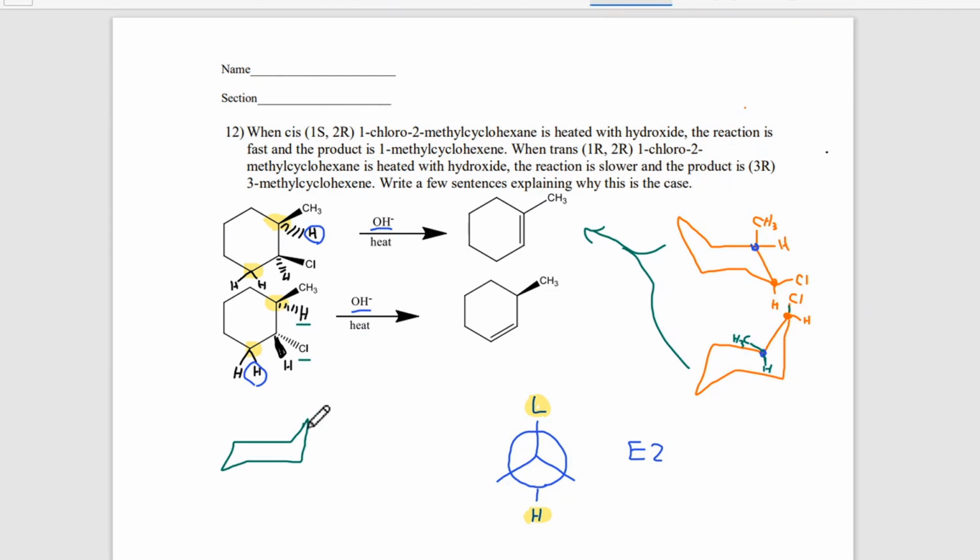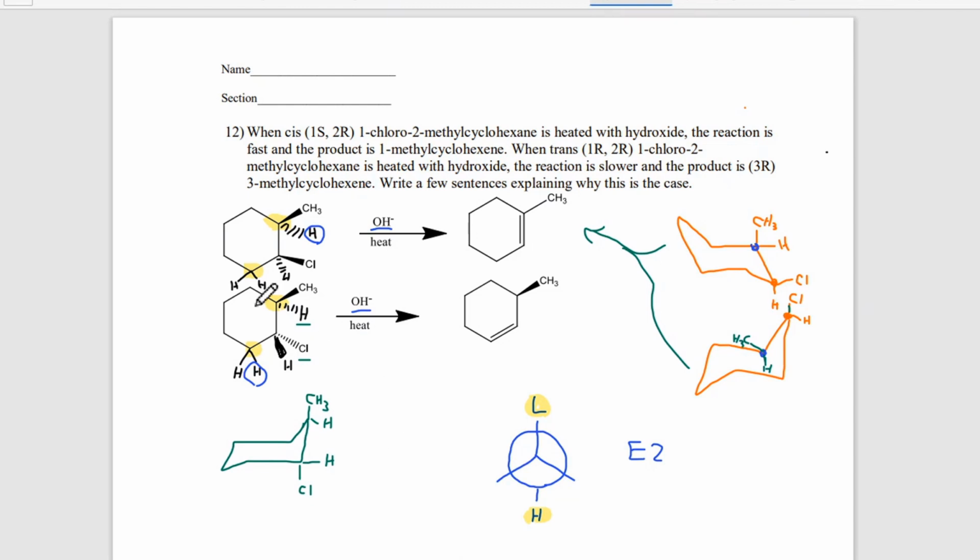You'd see the CH3 is up here, and the hydrogen's down here, and the chlorine is down here. But notice that the hydrogen and the chlorine aren't pointed in opposite directions. And if you flip them, they would still not be pointing in opposite directions.